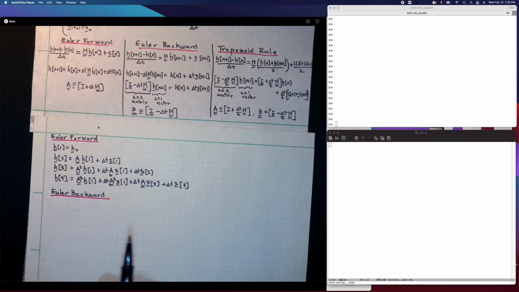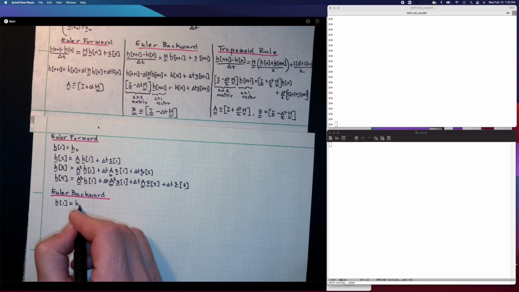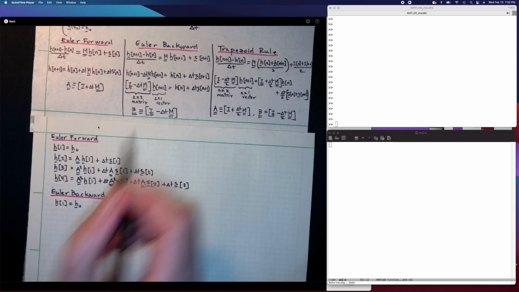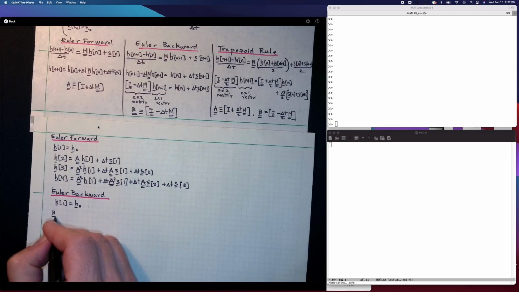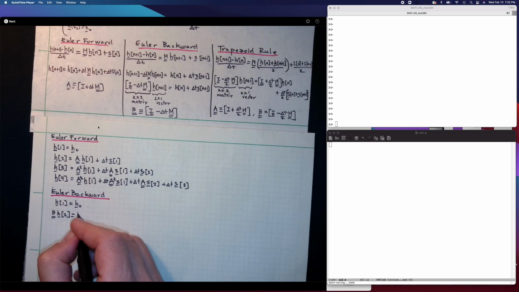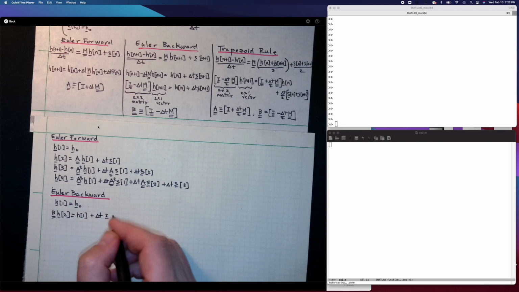For the Euler backward, starting from h naught, h1 is equal to h naught, and then I have B times h2 is equal to h1 plus delta t times s2.